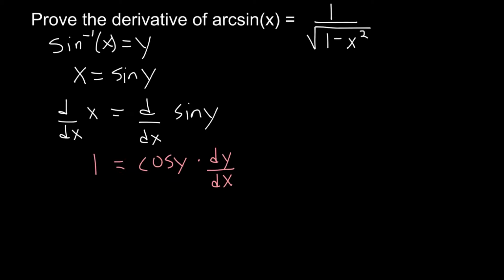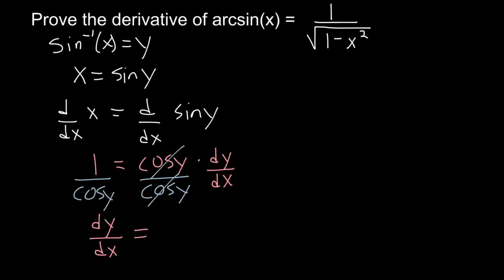So what we want to do is divide both sides by cos y, and we get dy/dx equals secant y. There's just a problem here. We don't know what secant y is.